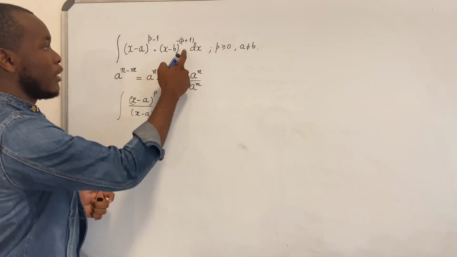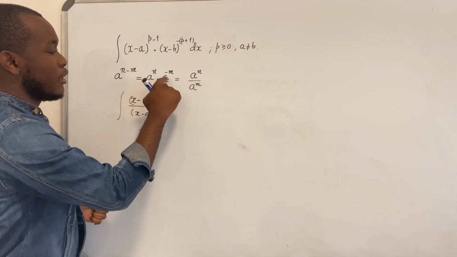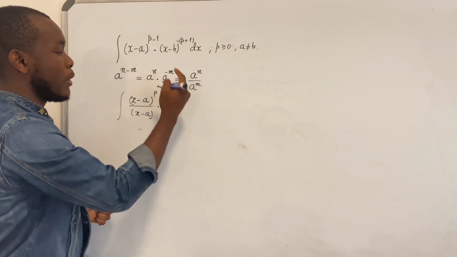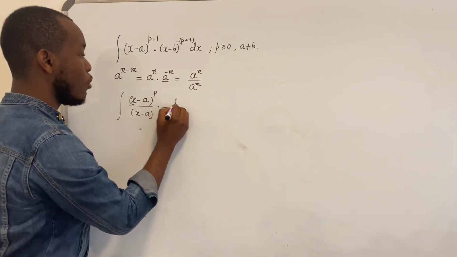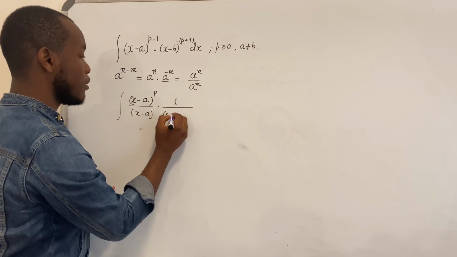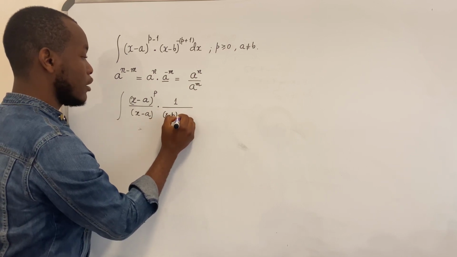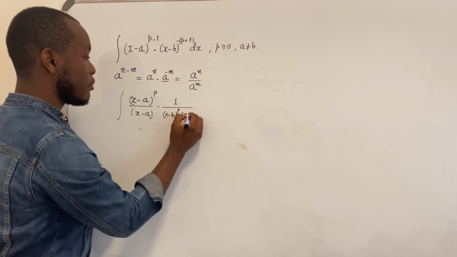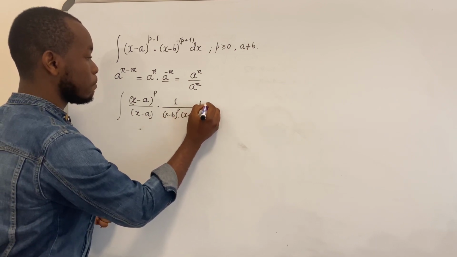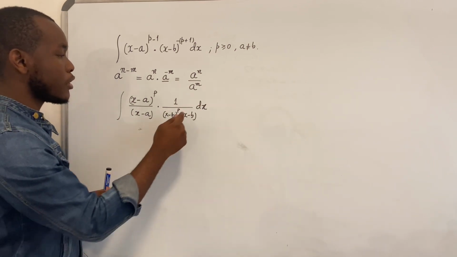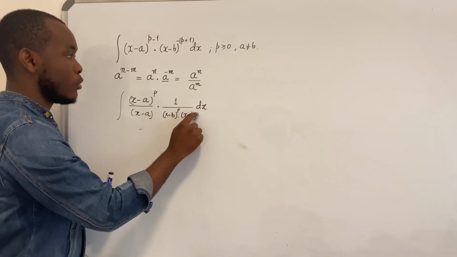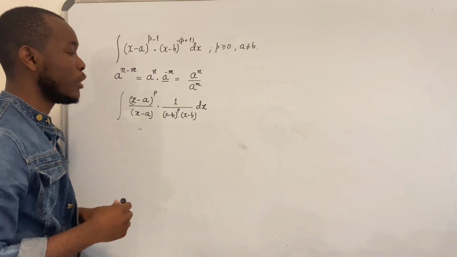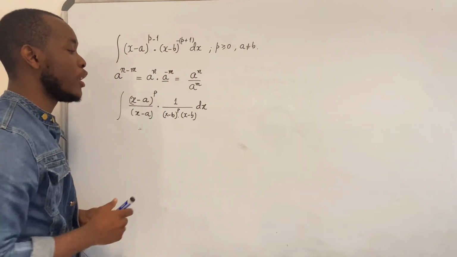So we can apply this approach that we applied here, which is 1 over a to the power m. So in this particular case, we're going to have 1 over x minus b to the power p times x minus b dx. Okay, because they have the same base, we can just simply add the exponent, which will be p plus 1, which is this p plus 1 that we have there, and this one is because of the negative.